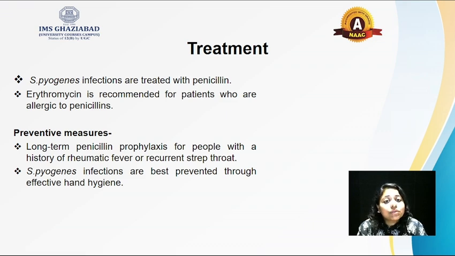But in case of a few individuals who cannot take penicillin, for example due to allergic reactions, erythromycin can be given. So these are the baseline treatments, the basic antibiotics which can be given for treating the infection caused by streptococcus species.